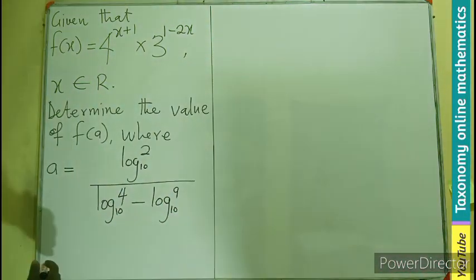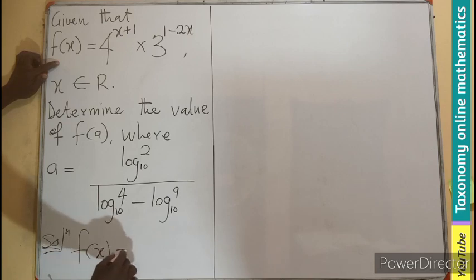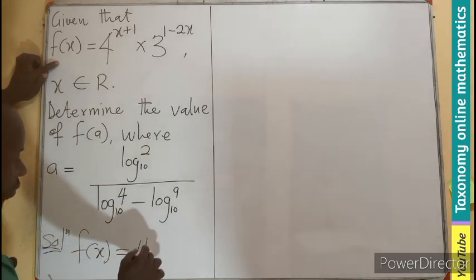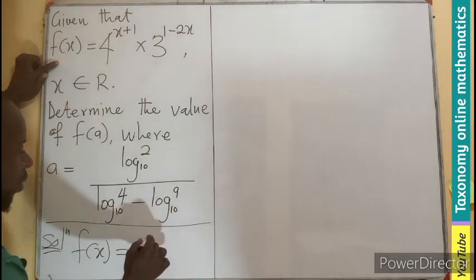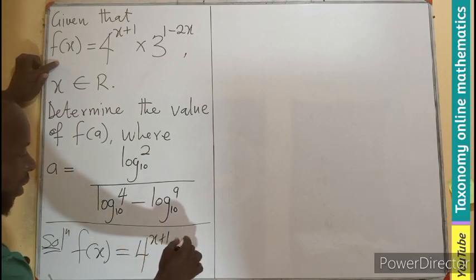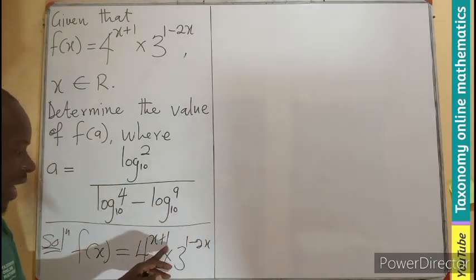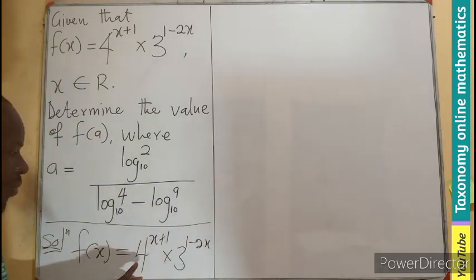So our solution, we can start by saying that f of x equals 4 exponent x plus 1 times 3 exponent 1 minus 2x. We are aware that this addition in the power shows that we are doing multiplication of the same base.